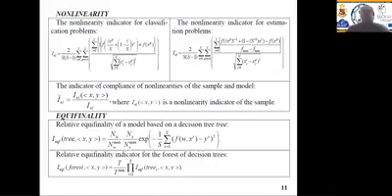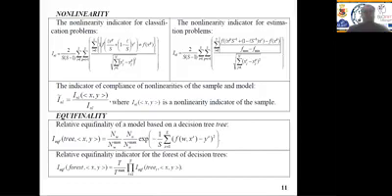On the next slide you can see indicators for nonlinearity and equifinality. At the left you can see the indicator for a classification problem, its nonlinearity indicator, and at the right you can see the nonlinearity indicator for estimation problems.